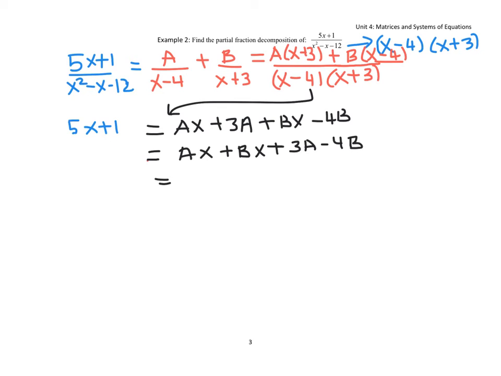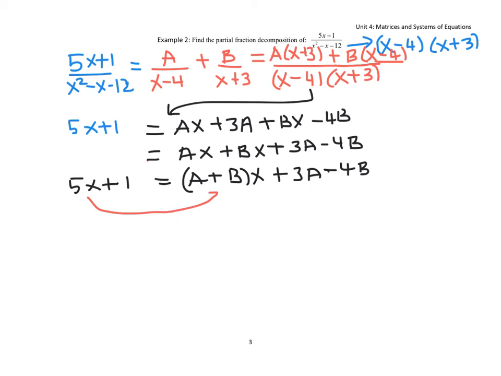I'm just factoring the x out. And all this is equal to 5x plus 1. Then what am I going to do? I'm going to equate the like terms.